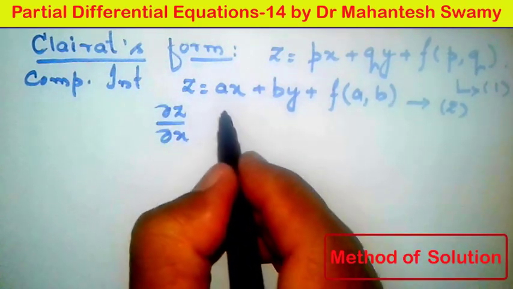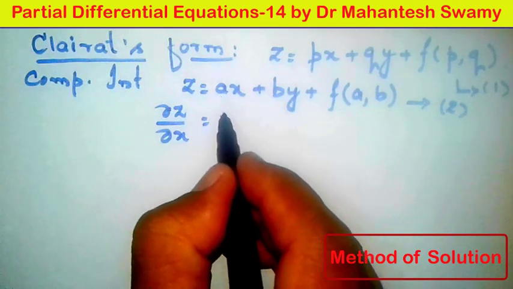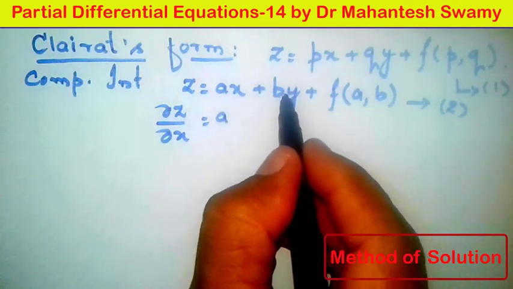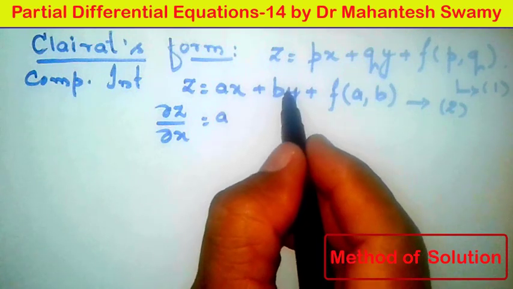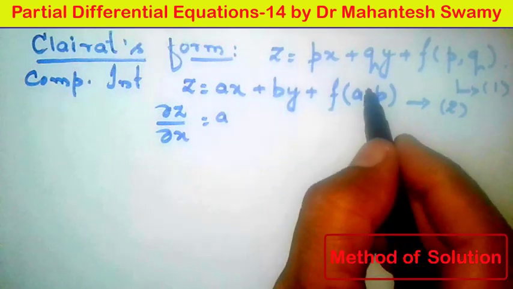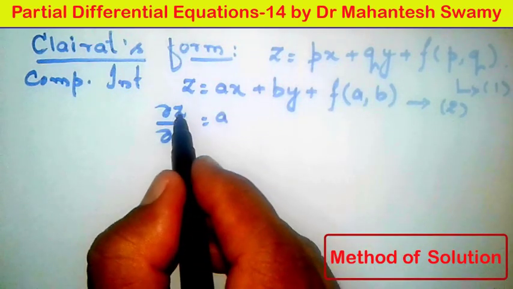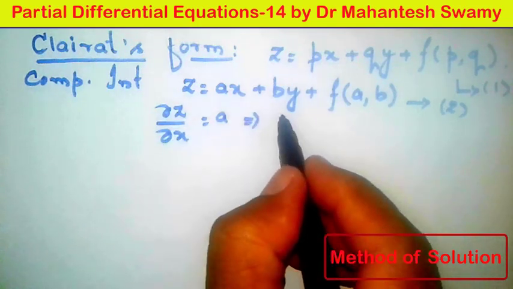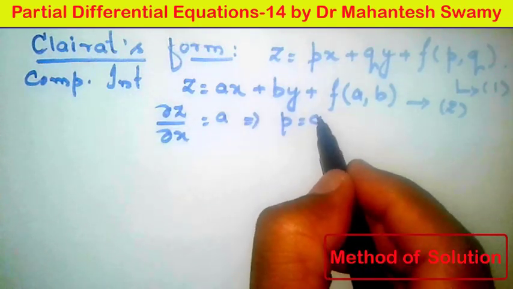if we differentiate on the right hand side, it is a into 1 plus b into 0, since it is a constant and its derivative is 0, plus a constant whose derivative is 0. Therefore dou z by dou x, that is p, equals a.